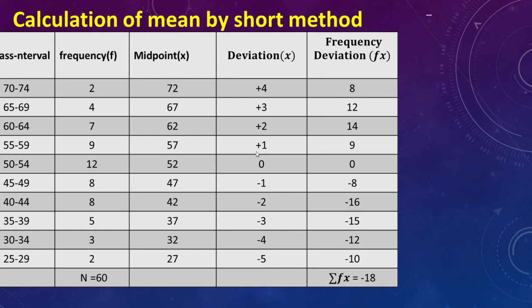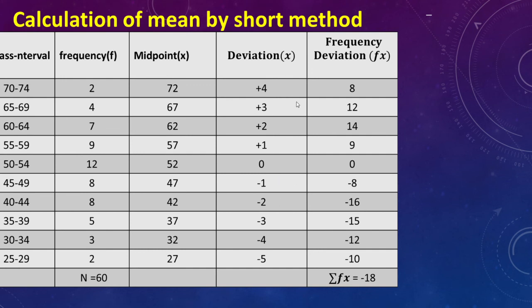Very important, where we have assumed the mean, that is 52, the deviation is 0, because x' and AM are the same value, 52. 52 minus 52 gives 0. Next one is the minus values.